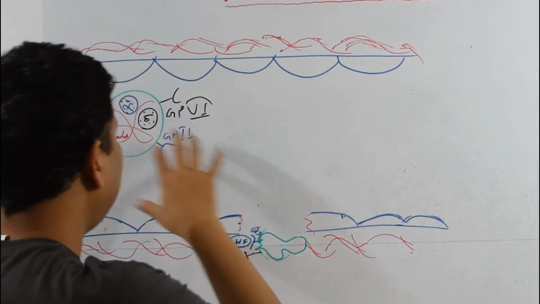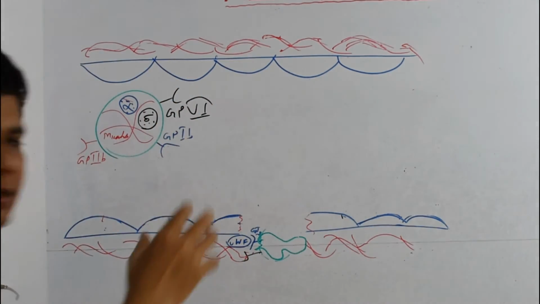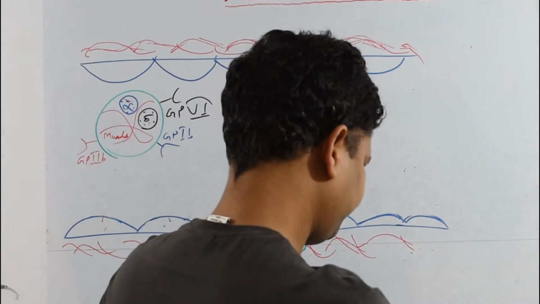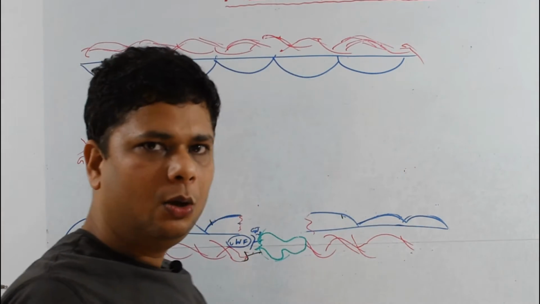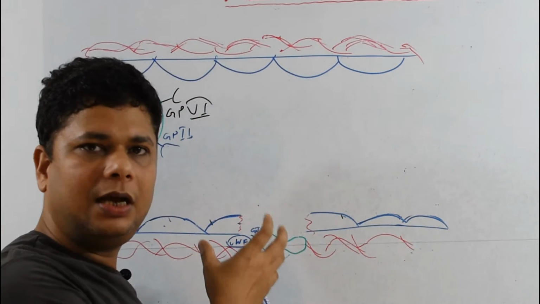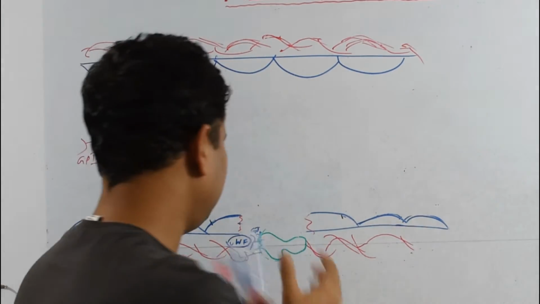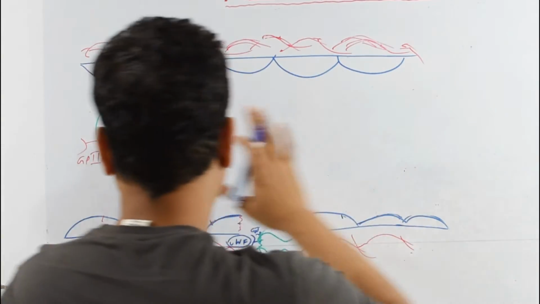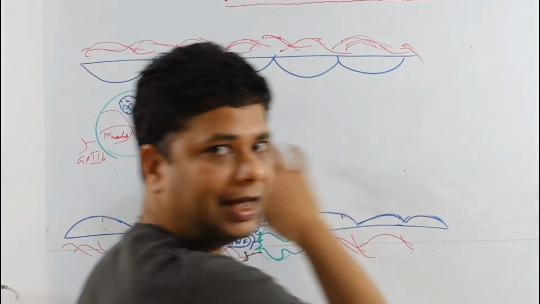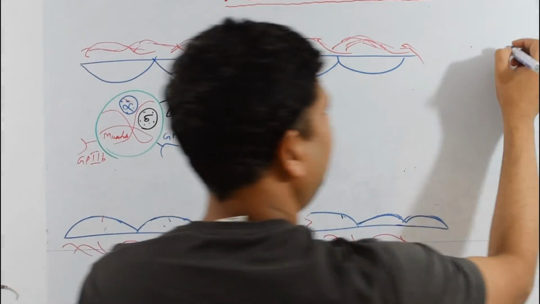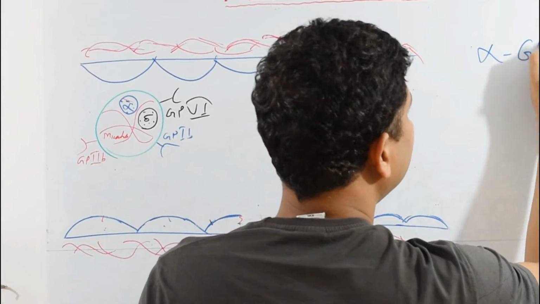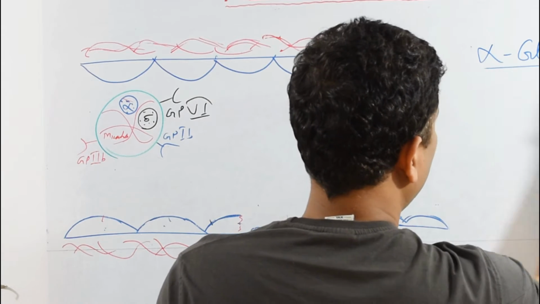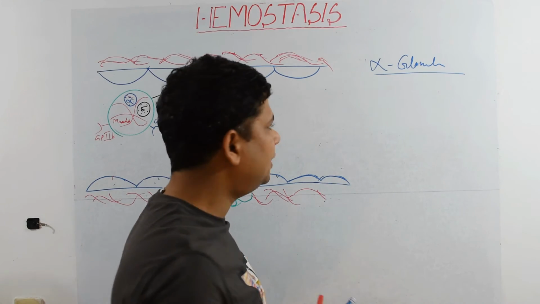Now we will see what the components of these granules are, so we will know what components are secreted from platelet. We know that they have two types of granules. Alpha granules: what do alpha granules contain?